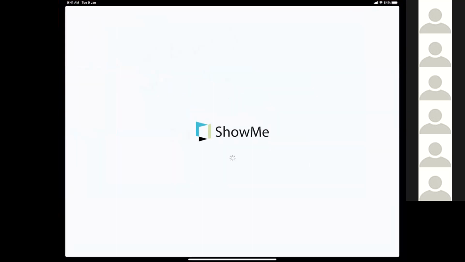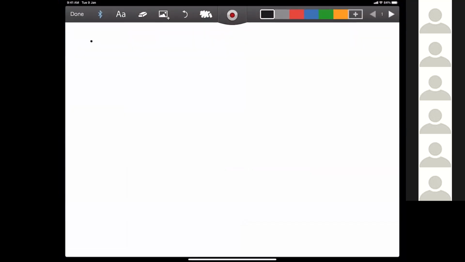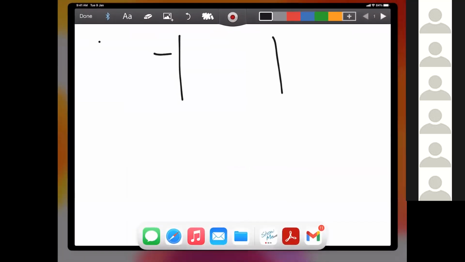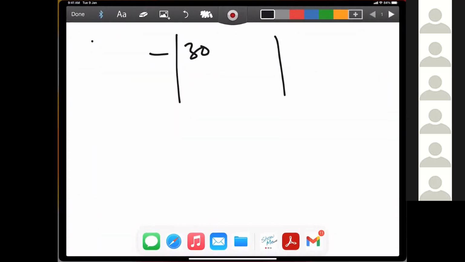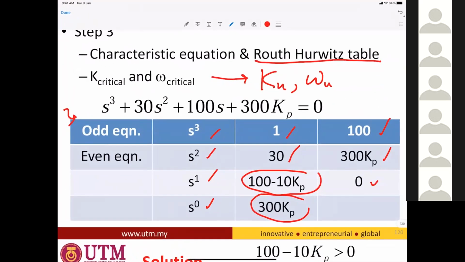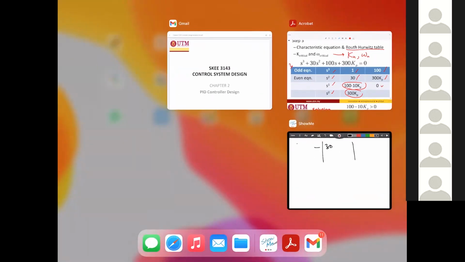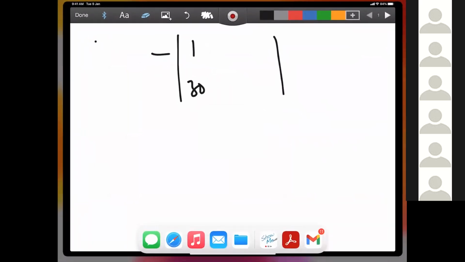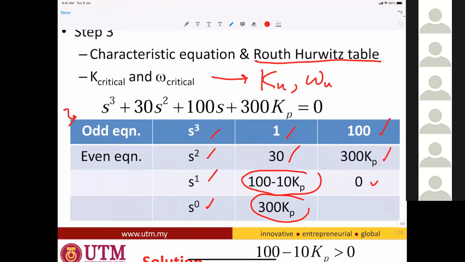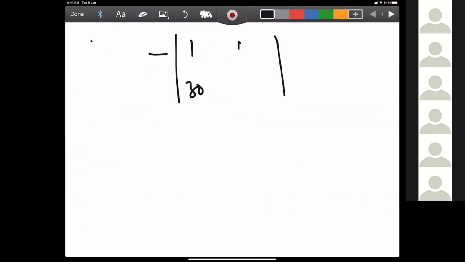Negative, that's a formula. Negative determinant. 1, 30, 100, 300 Kp.